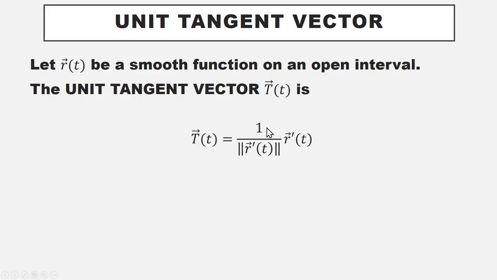If we make that directional vector a unit vector by multiplying 1 over the length of r prime, then we've created the vector capital T, which is the unit tangent vector. So we take the derivative and we essentially make that derivative vector length 1. That becomes the unit tangent vector. And as we've seen, that is moving in the direction of the tangent line.